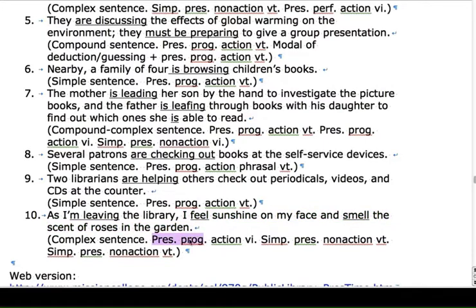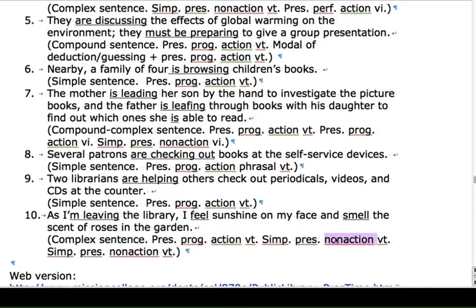Now our first verb, am leaving, is present progressive. Why? Because it's an action verb. And it is transitive. I'm leaving something. I'm leaving the library. I feel sunshine. Simple present. I smell the scent of roses. Simple present. Both of these are simple present. Why is that?